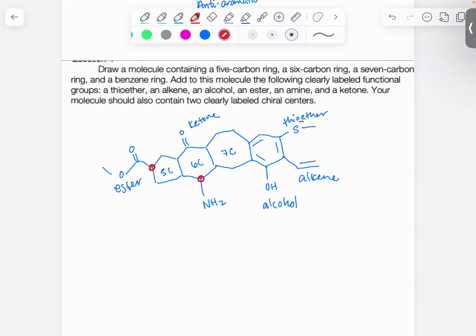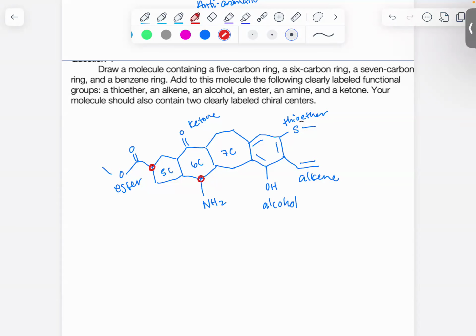Questions, comments, concerns on a question like this? Yeah. Can you speak up a smidge? Sorry. For the last exam, did they take off because we're having like too many? There's no stipulation for too many carbons.